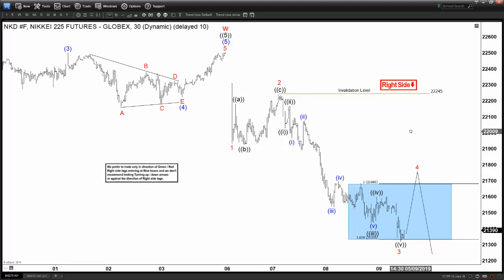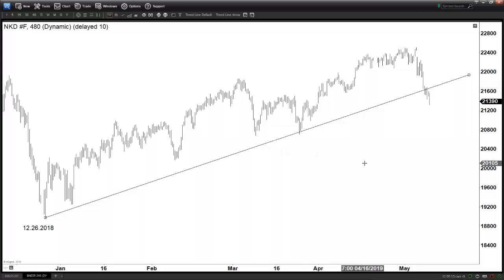All right, so looking at the bigger picture, this is the 4-hour chart. We can see we have already had 5 months of rally since bottoming at the end of December last year. Nikkei and all the other world indices continue to rally, but then you can see right here it starts to break below this trend line channel, and not only breaking below it, the move lower also appears to be impulsive.